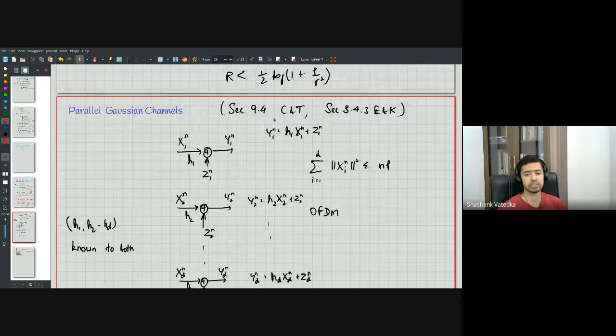So you can either see section 9.4 of Cover and Thomas, or section 3.4.3 of the El Gamal and Kim textbook, and just quickly go through the proof.